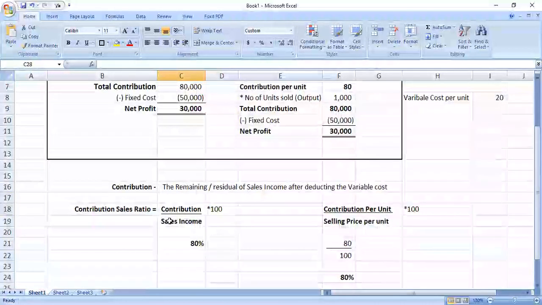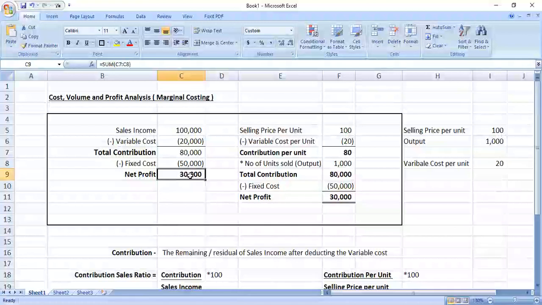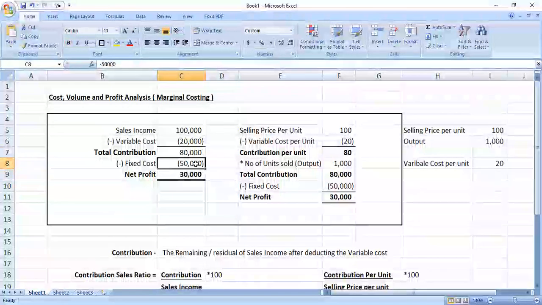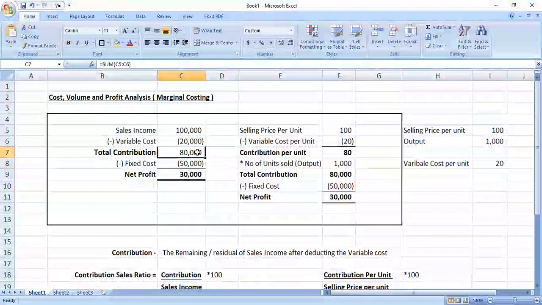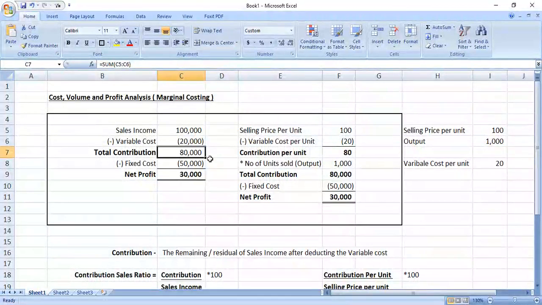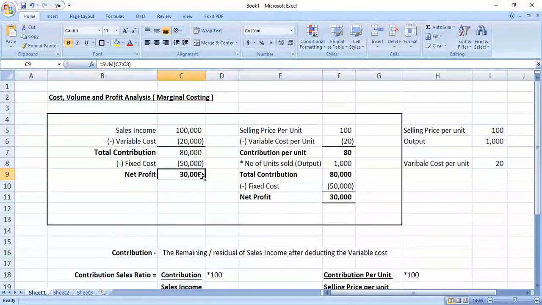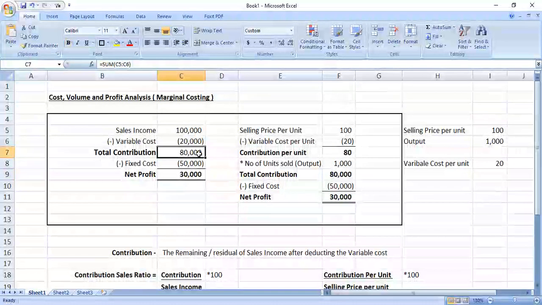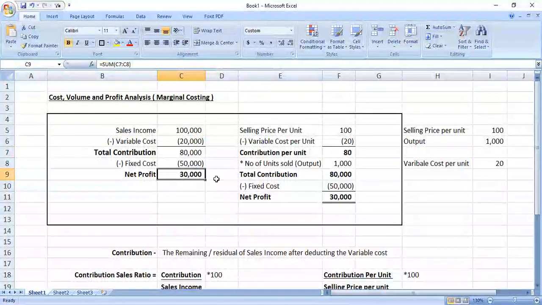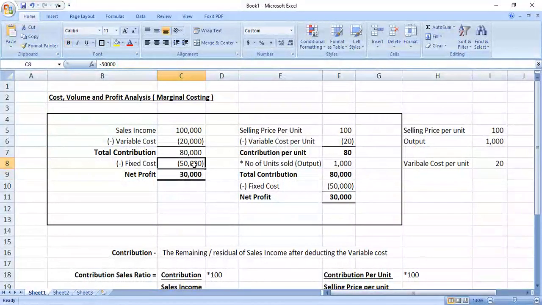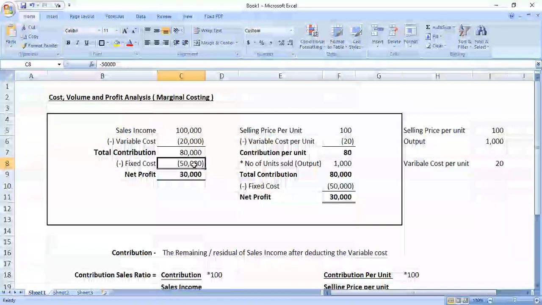Now guys, if you want to get a net profit of zero, your fixed cost doesn't change, it's 50,000. Even if your output is zero, you have to pay this 50,000.